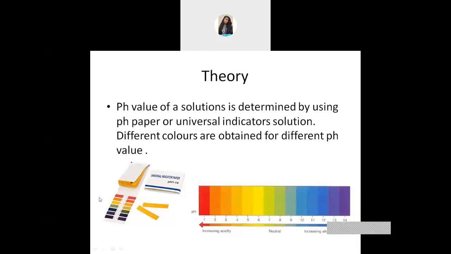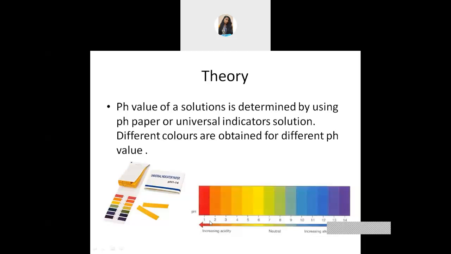If you compare the pH paper with this pH scale, you can see that red stands for pH value 1, and light pink for 2. So comparing with the pH paper, when you dip this yellow pH paper in a solution, if the color changes to pure red or light pink, that means the pH value for this solution is 1 or 2 or like that.